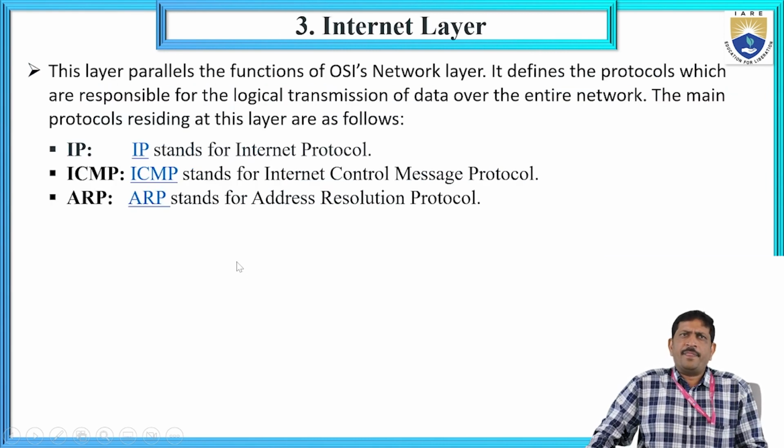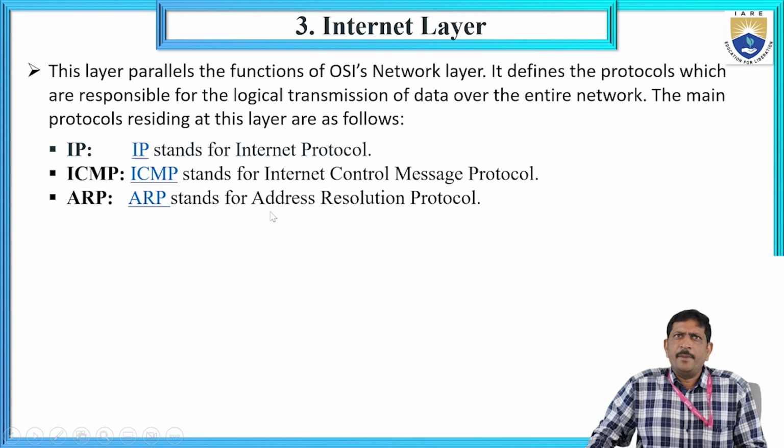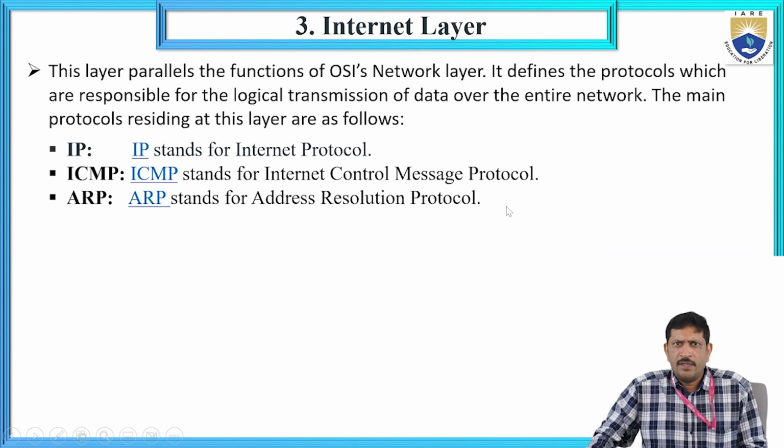Internet layer. This layer parallels the functions of the OSI network layer, the Open System Interconnection network layer. It defines the protocols which are responsible for the logical transmission of data over the entire network.